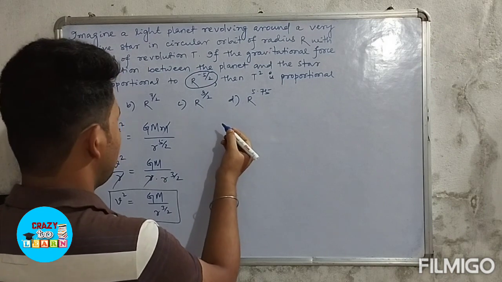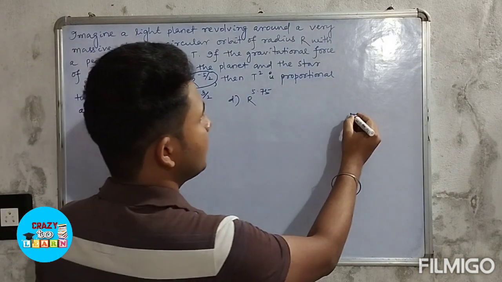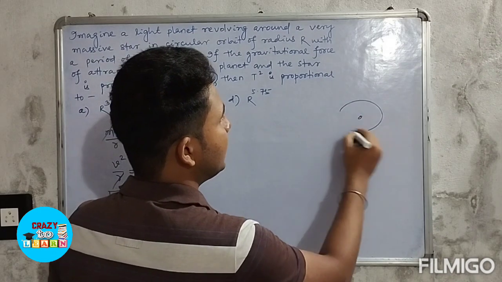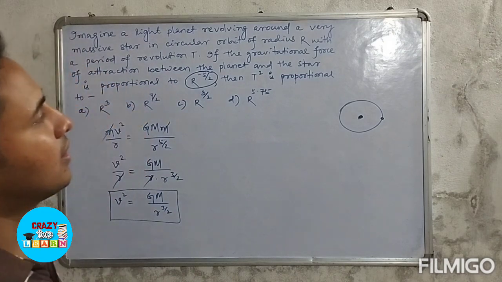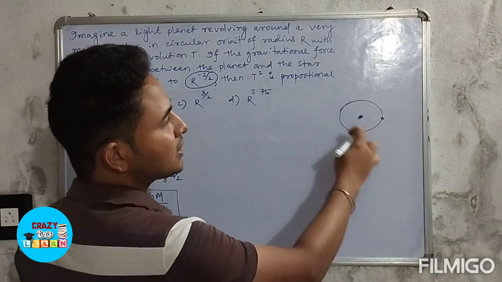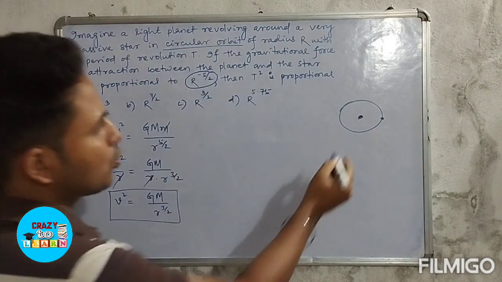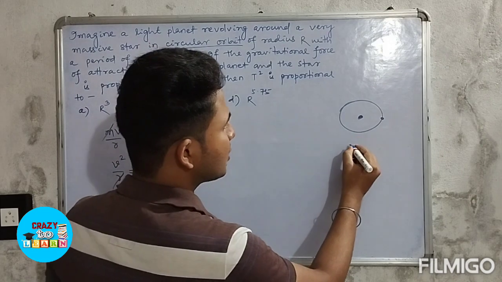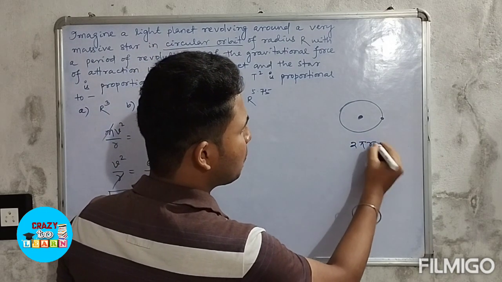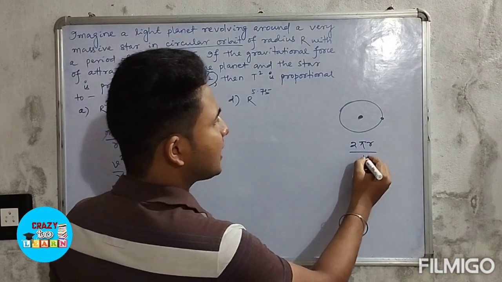So what you know, when a star is there and in a circular orbit a planet is revolving around the star, then the planet moves in a circular path. So the total distance covered for one revolution is equal to 2 pi r, and the total time taken is the time period.